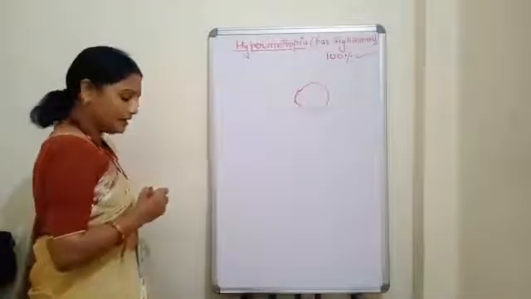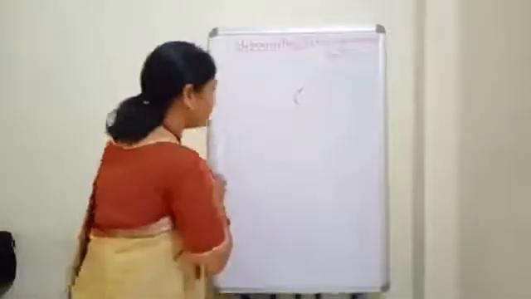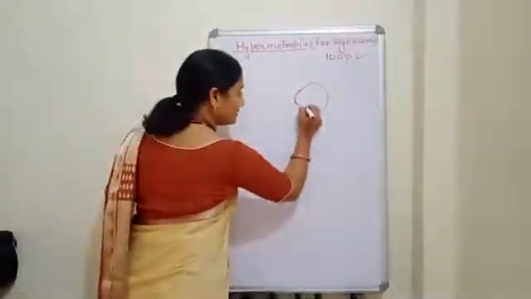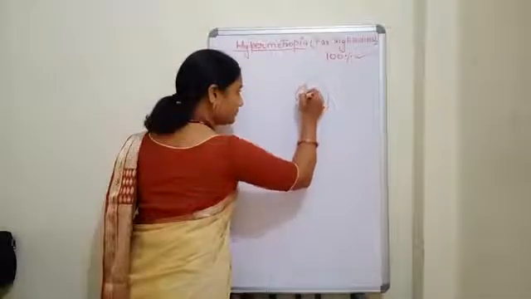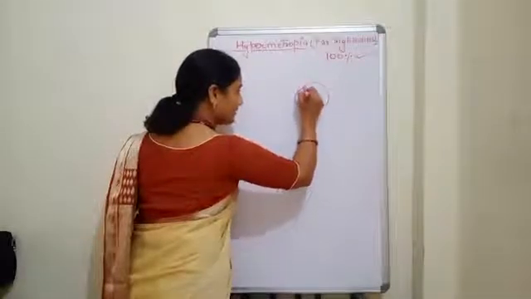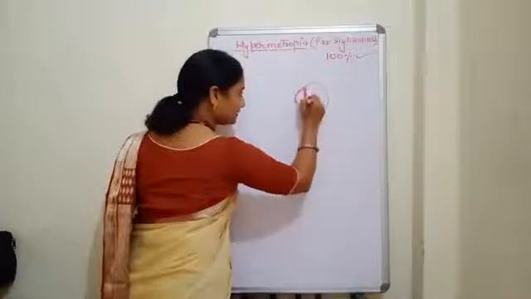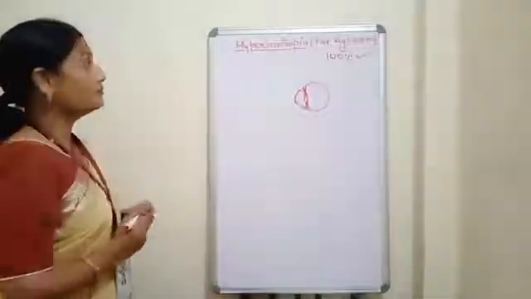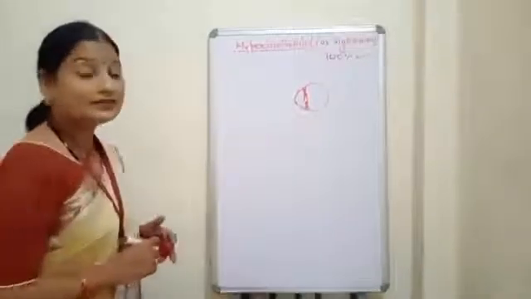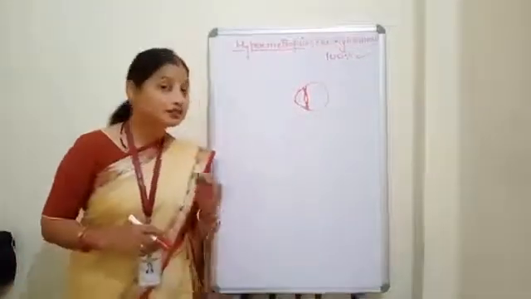Now here we can see the ciliary muscles, suspensory ligament, and then we can see the lens. The term is far-sightedness. That is, my far vision is okay.